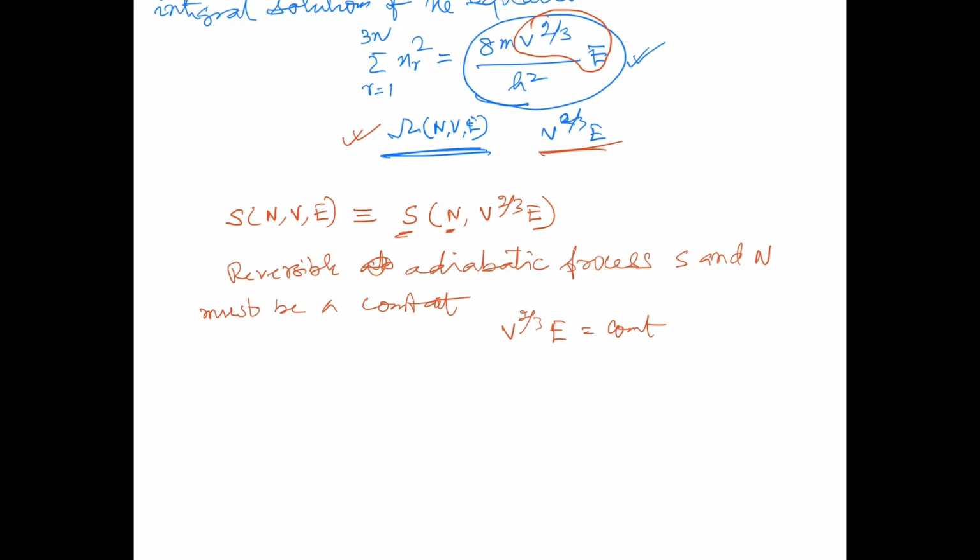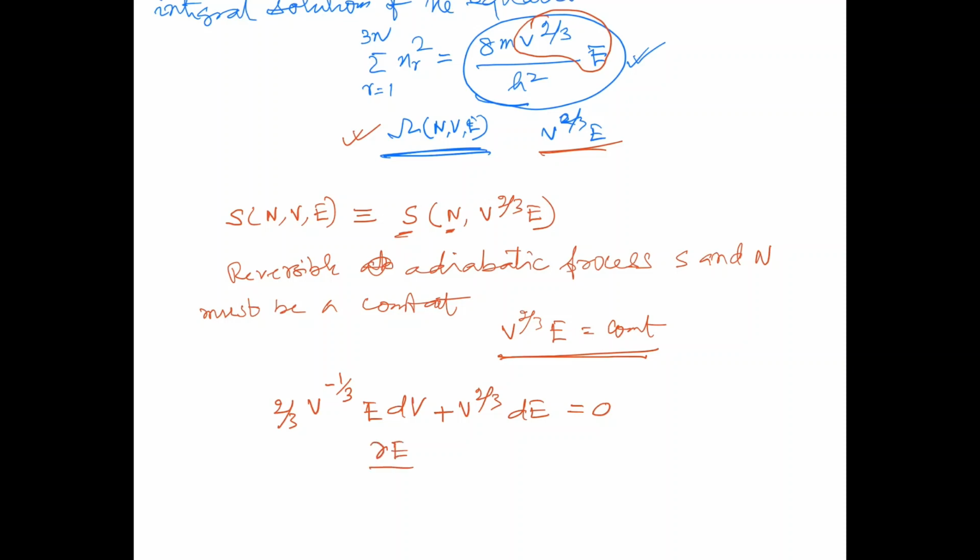Then only we can say that S remains constant. So if we take the derivative of this equation with respect to V, we get 2/3 V to the power minus 1/3 into E dV plus V to the power 2/3 dE equal to 0.